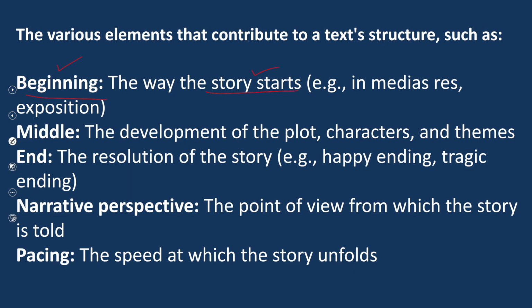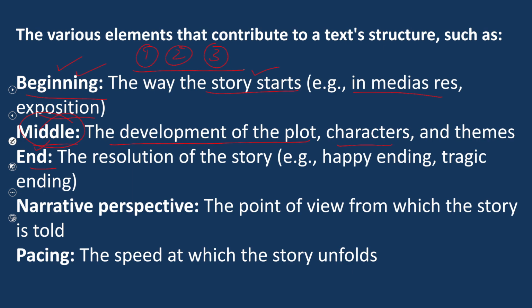And the story can also be started in the middle of the action. So first we have a beginning, we have a middle of the story, the development of the plot, characters and themes. Then we have the end. So beginning, middle and end. These are our three basic structure points that we have in a story.